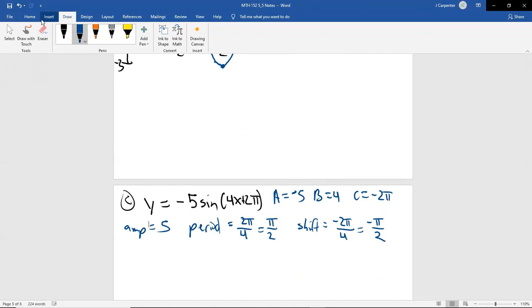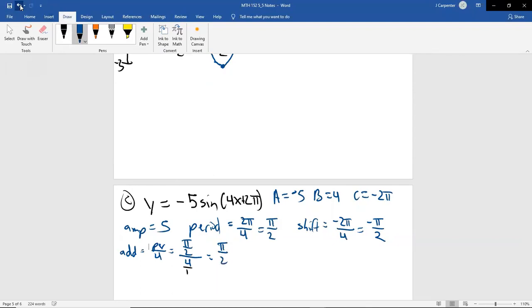So this is the location of the first point that we need to plot to make one wave. But we also need to figure out what to add, which was the period over 4. The period is pi over 2, so we got to take that fraction and divide it by 4. Might actually help you to write that as divided by 4 over 1. Then write it the old school way.